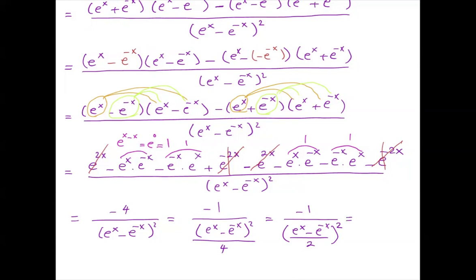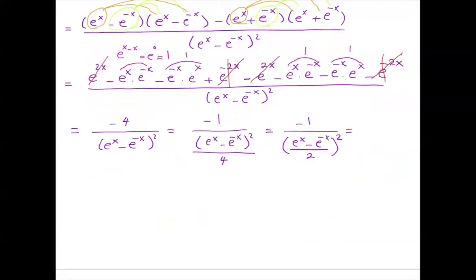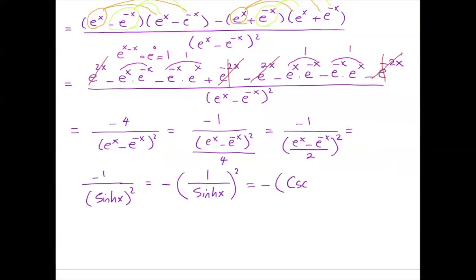So you have negative 1 divided by hyperbolic sine of x to the second power, which in turn can be written as negative 1 over hyperbolic sine squared. And 1 divided by hyperbolic sine, as you remember, is hyperbolic cosecant of x. So you can simplify this to minus hyperbolic cosecant to the second power of x.